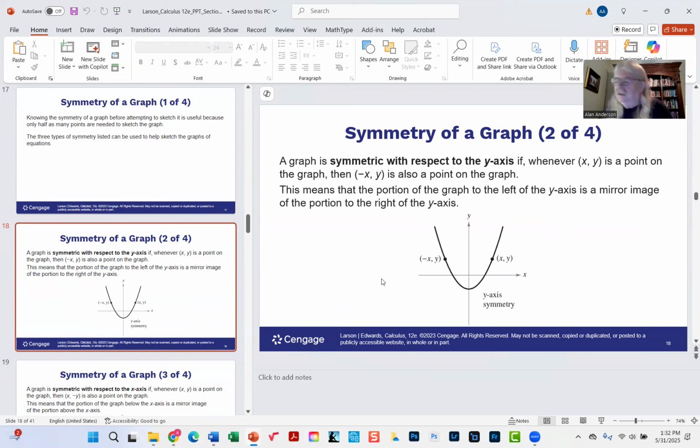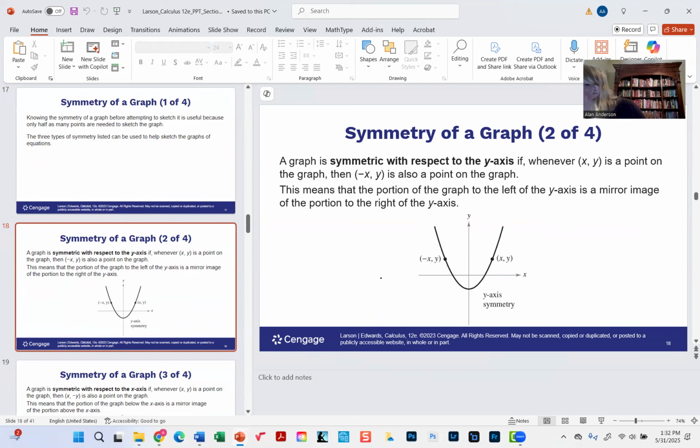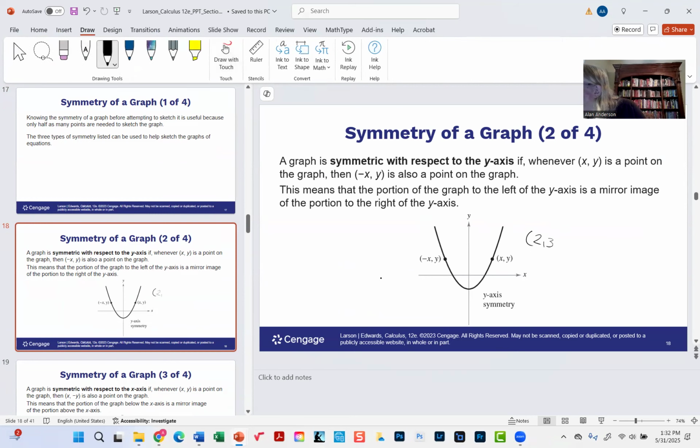So in other words, if the point, let's say, 2, 3 is over here, then it guarantees that negative 2, 3 is over here somewhere. So the symmetry is from left to right, or we could say more formally with respect to the y-axis, because the y-axis is the dividing line between the left and the right-hand side.